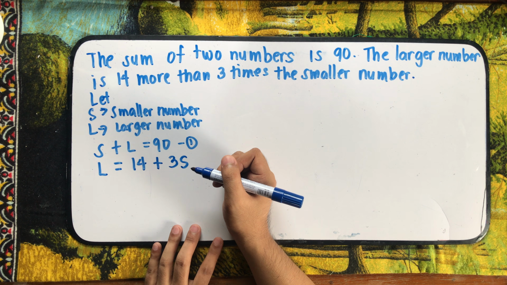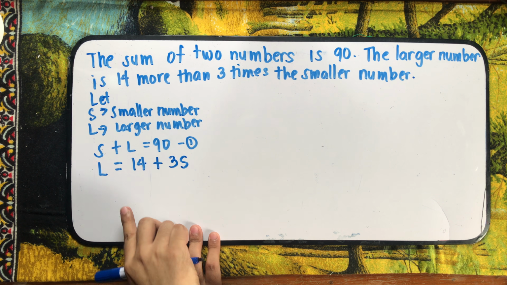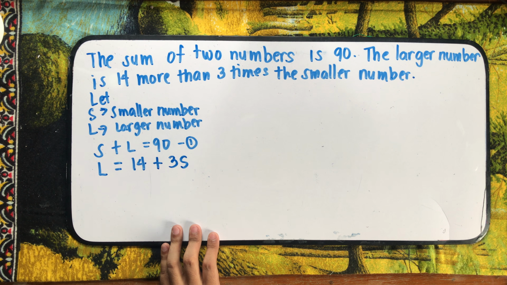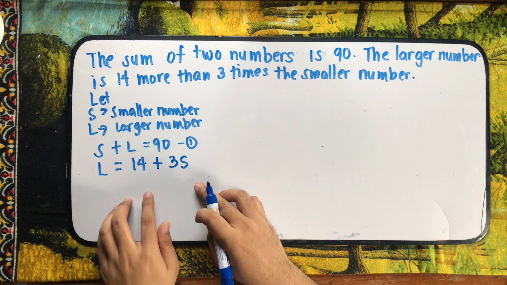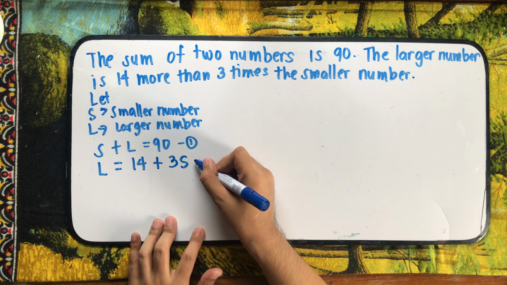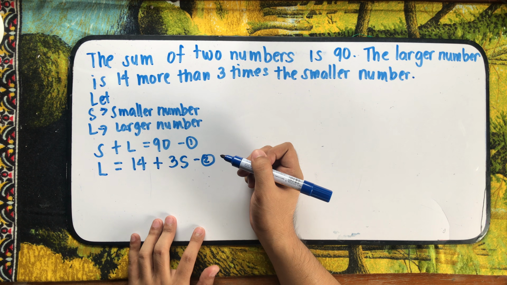Therefore, we could say that L is equal to 14 plus 3S. Okay? So, L is equal to 14 plus 3S. And this is our equation number 2.